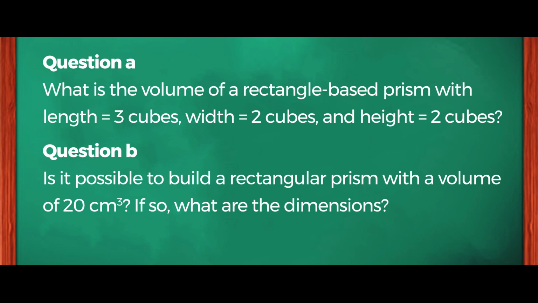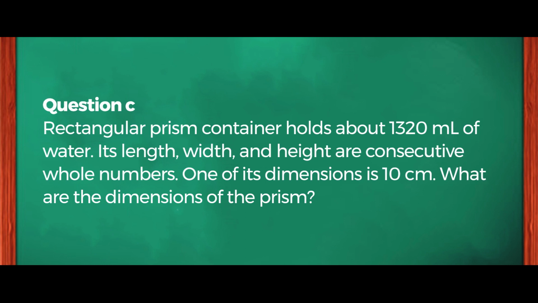If so, what are the dimensions? Question C: a rectangular prism container holds about 1320 milliliters of water. Its length, width and height are consecutive whole numbers. One of its dimensions is 10 centimeter. What are the dimensions of the prism?